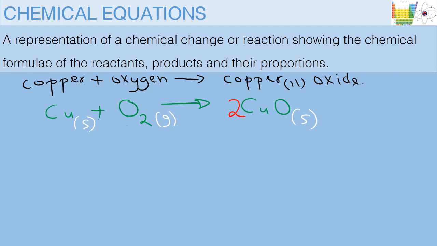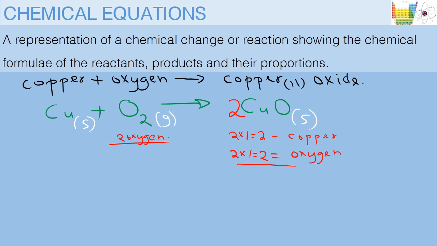This would mean that now we have 2 times 1 copper atoms, which are 2 copper atoms. It also means we have 2 times 1, which equals 2 oxygen atoms on the product side. And here we have 2 oxygen atoms. Therefore, oxygen atoms are balanced.